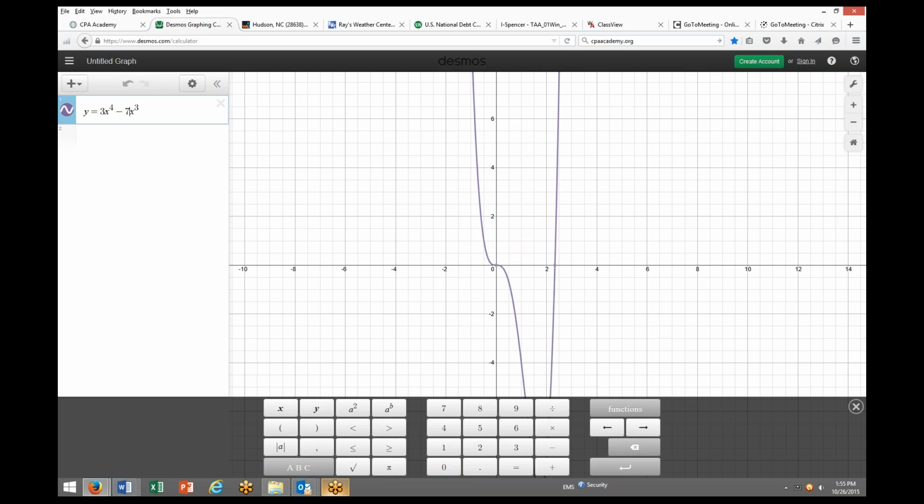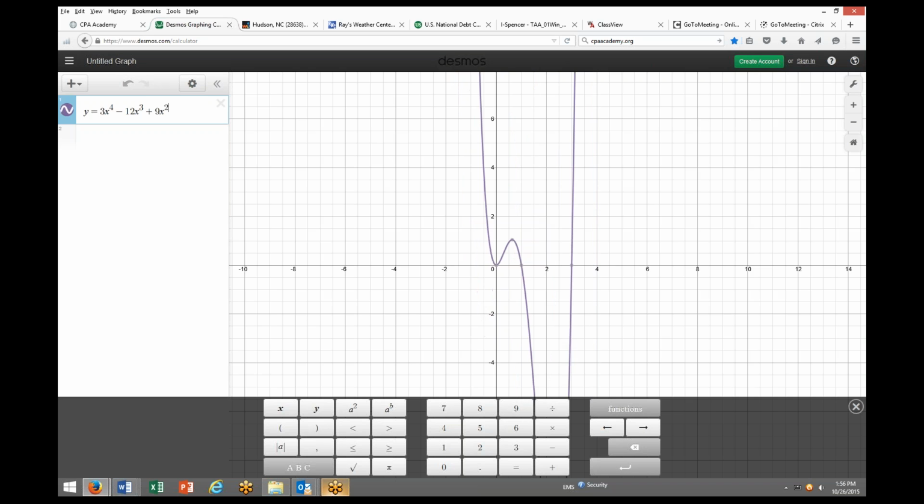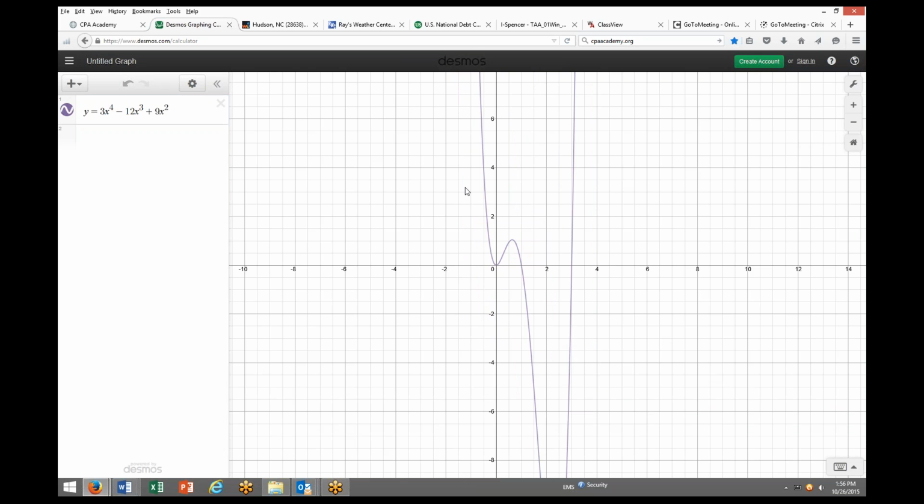let's see if I make that a bigger number if it makes a difference. And then, yeah, there we go. Now we've got a couple of blips in here, so to speak. It comes down from the left, hits a minimum point. In fact, it looks like right on the x-axis there.